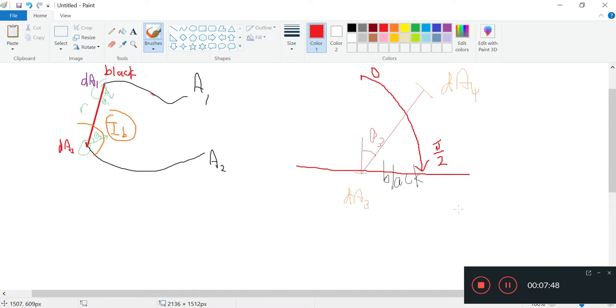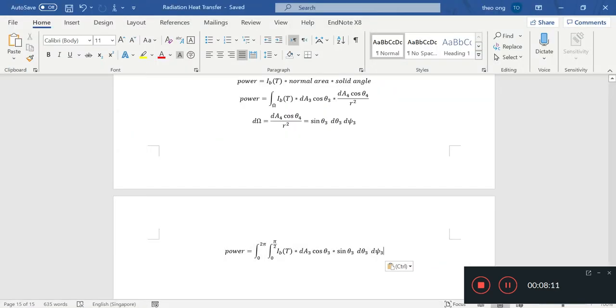And what is psi? Psi is the azimuthal angle. Psi 3 goes from 0 to 2 pi. It's one full circle. Always try and do this kind of diagram drawing. It's much easier to see and visualize.